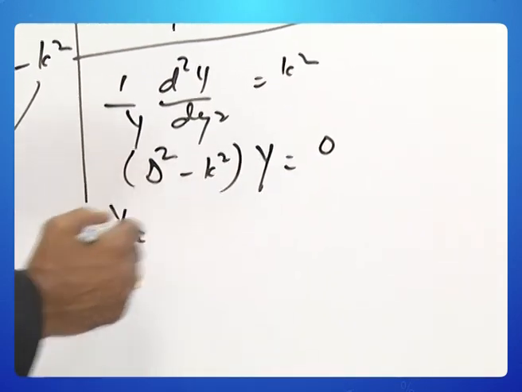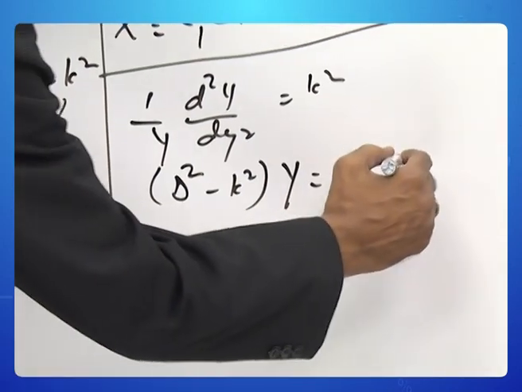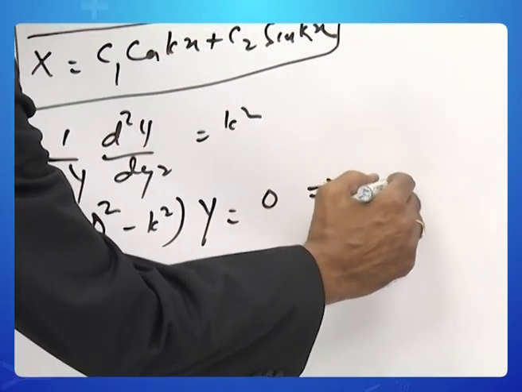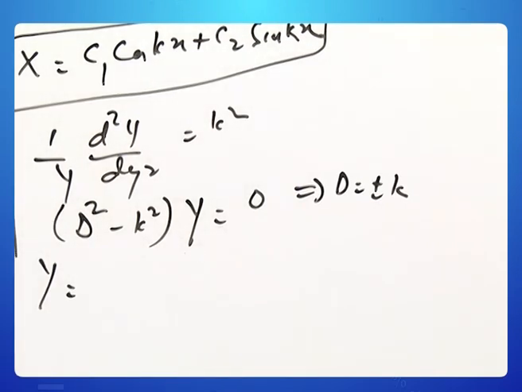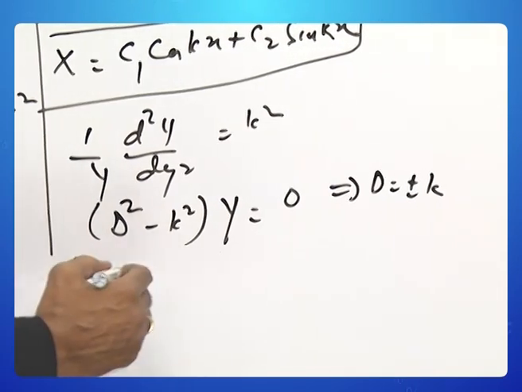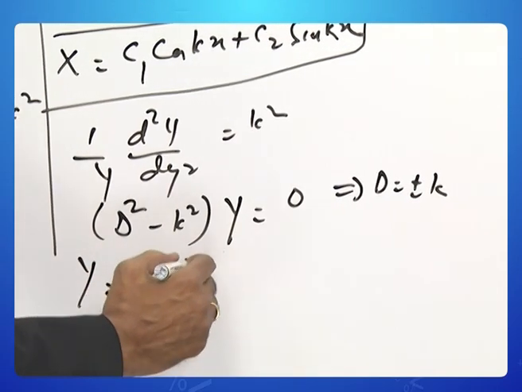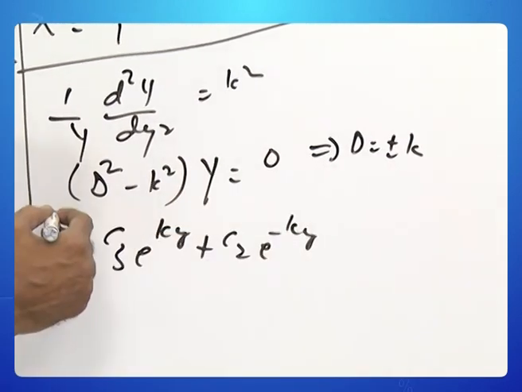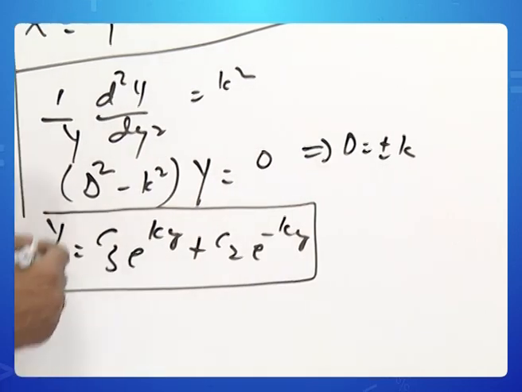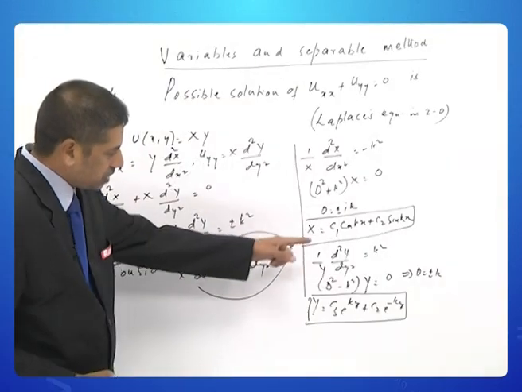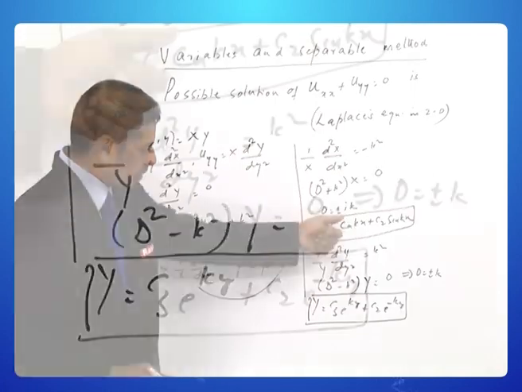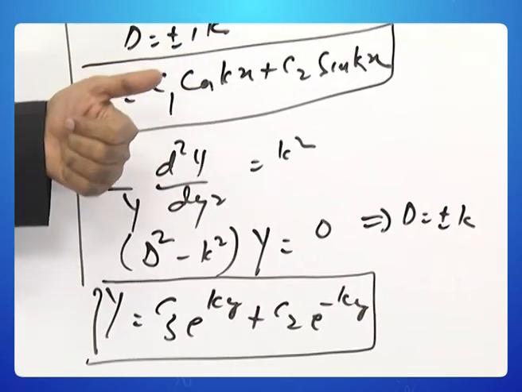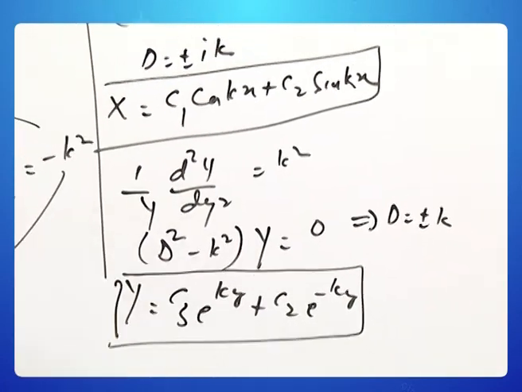So, capital Y is equal to, from here D is equal to plus or minus k, real and unequal roots. So, capital Y is equal to C1 e power ky plus C2 e power minus ky. So, please observe the change in the pattern of the solutions. With imaginary D, you will get cosine, that is harmonics, and here you will get exponentials.